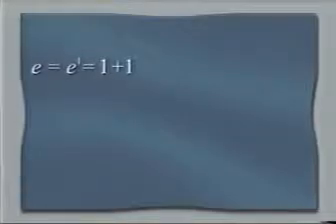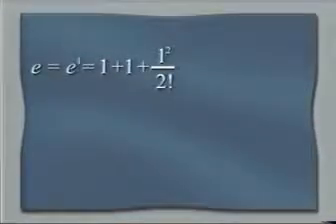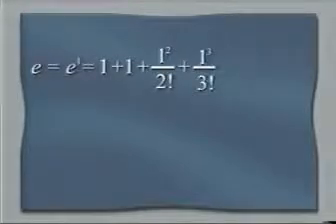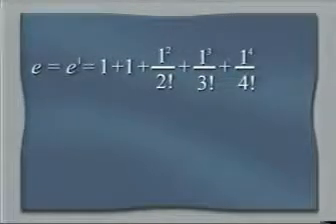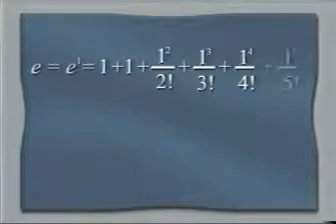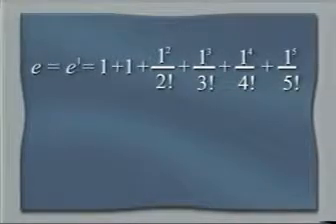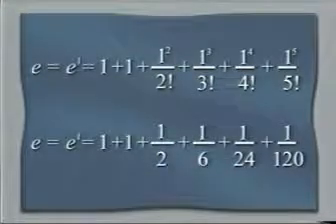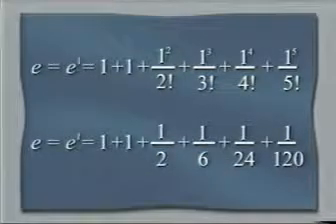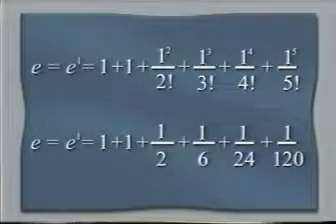E, or e to the 1, would be 1 plus, we replace the x with 1, 1 plus 1 plus 1 squared over 2 factorial, plus 1 to the 3rd over 3 factorial, plus 1 to the 4th over 4 factorial, plus 1 to the 5th over 5 factorial. Or 1 plus 1 plus 1/2 plus 1/6 plus 1/24 plus 1/120.